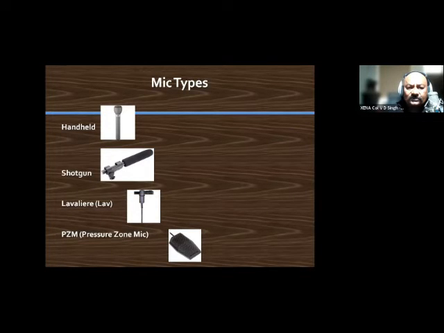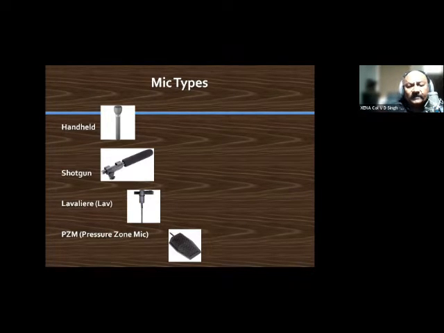They catch sound only from the front side. Then you have lavalier or lav microphones, which are known as collar microphones also. Most of the speakers on the stage put this clip on the collar, and then they speak, so that they don't have to hold a microphone. So it's a hands-free kind of thing.